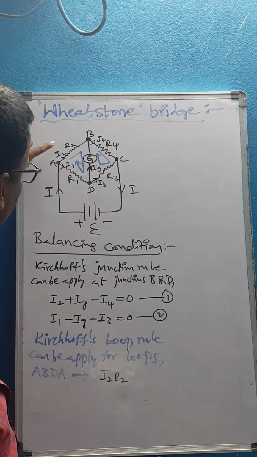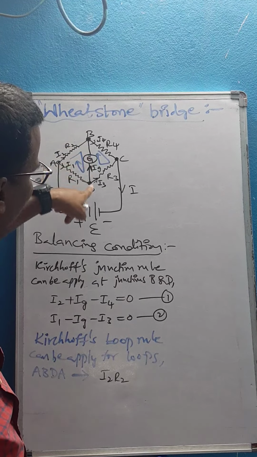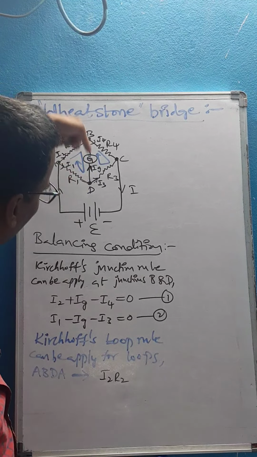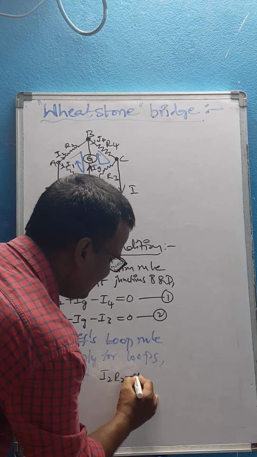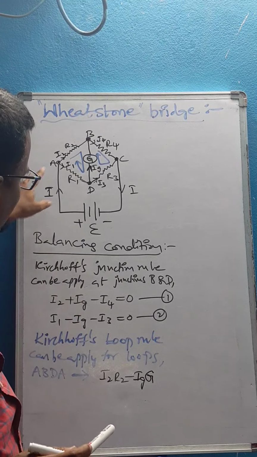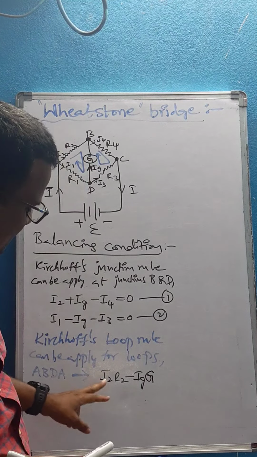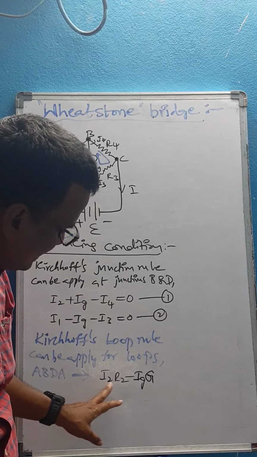But I move opposite to IG, the galvanometer current, so I take a negative sign for the galvanometer current.